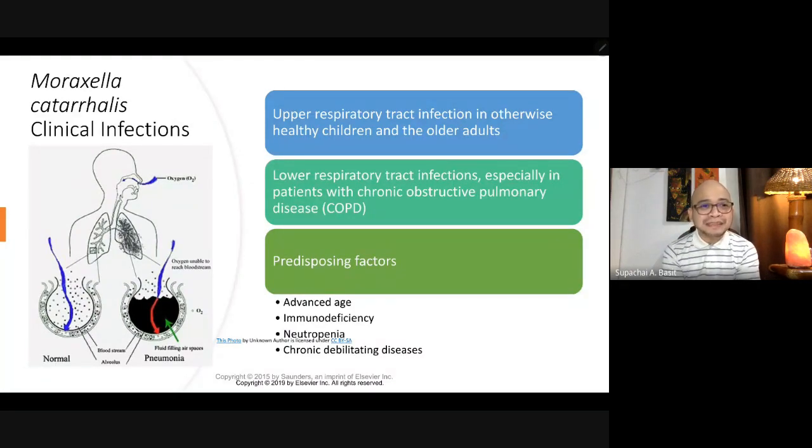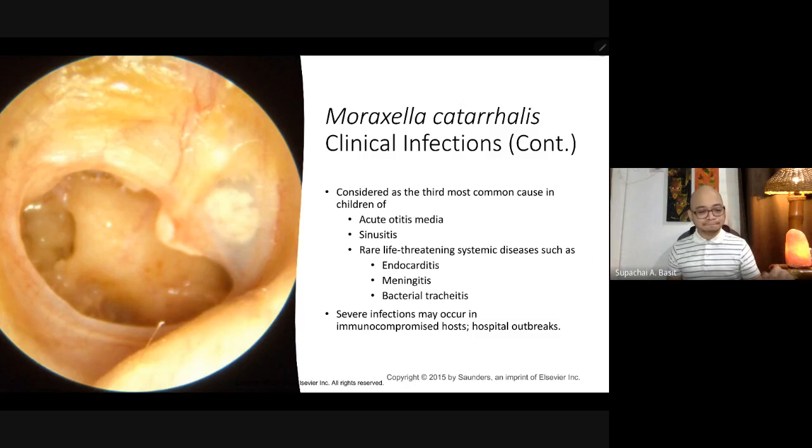And the predisposing factors for Moraxella catarrhalis include being of advanced age, immunodeficiency, neutropenia, and chronic debilitating diseases. So these are the predisposing factors. So clinical infections, it is considered as the most common cause of otitis media.